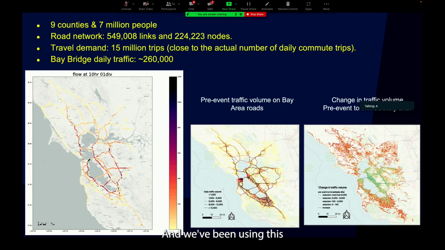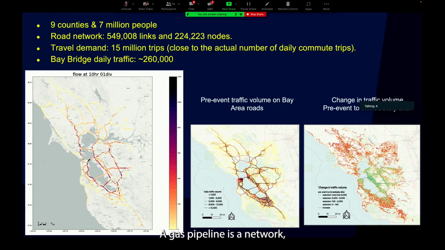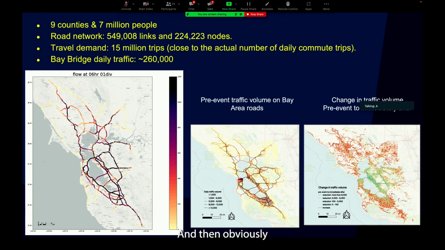And we've been using this for wildfire evacuation and that sort of thing. But the point here is that everything is a network. Pipeline is a network. Gas pipeline is a network. Traffic is a network. And then obviously all these networks are linked together. And that's our interest.